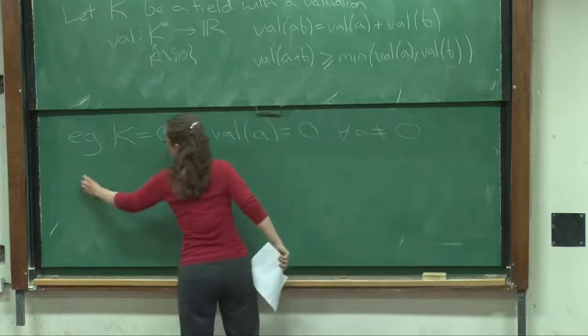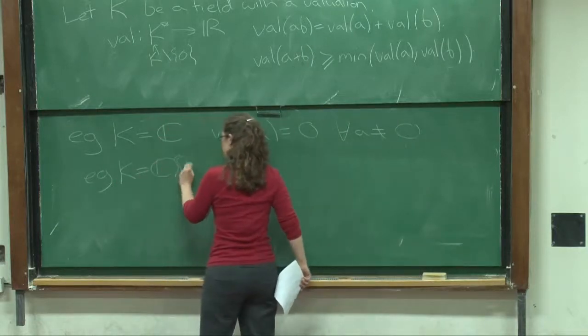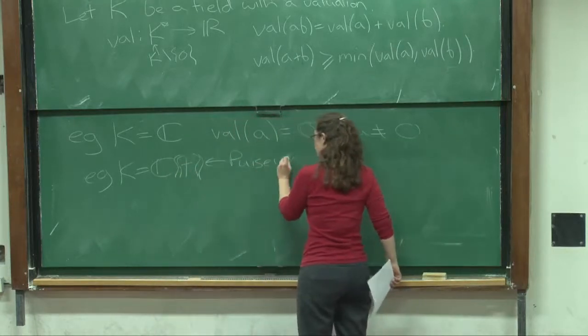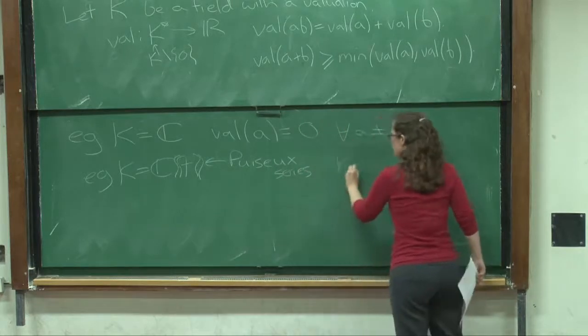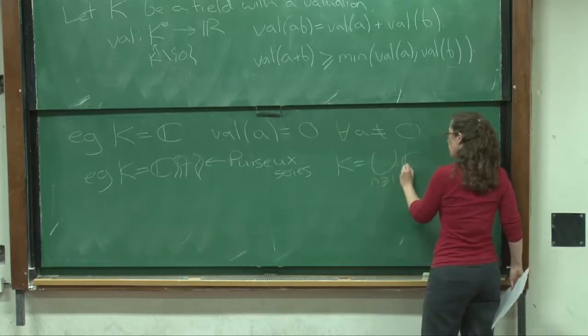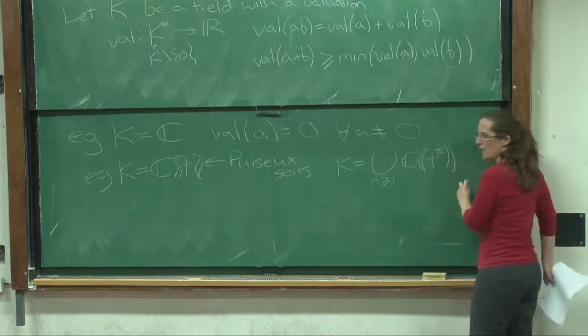Okay, we might take K to be the Puiseux series. So I can take the union for n greater than or equal to 1 of Laurent series in t to the 1 over n.